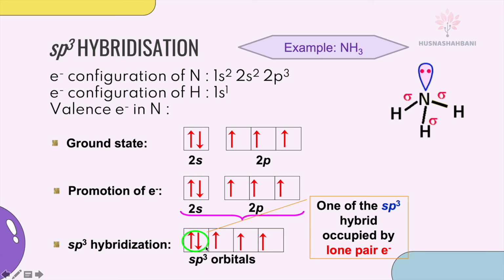Note that in the sp3 orbitals, you need 1 pair of electrons because the nitrogen has a lone pair. You need 3 unpaired and 1 lone pair. So this is the pair of electrons and the 3 unpaired electrons. This pair of electrons is for the lone pair.